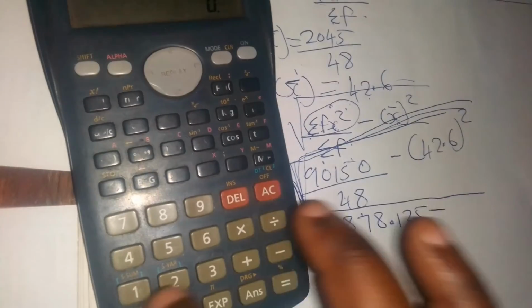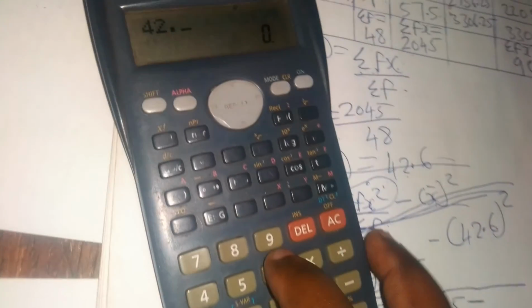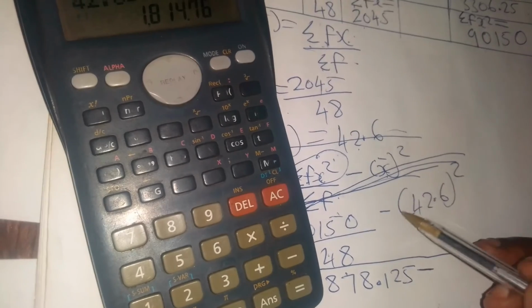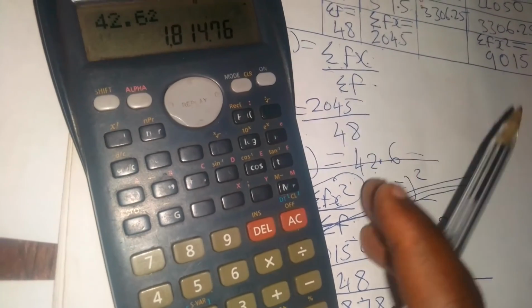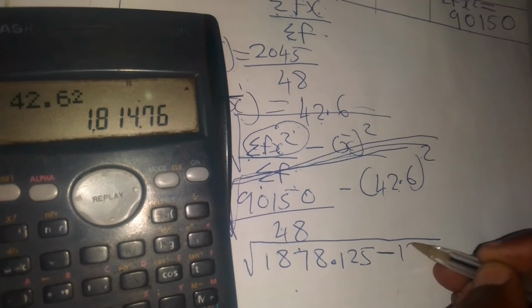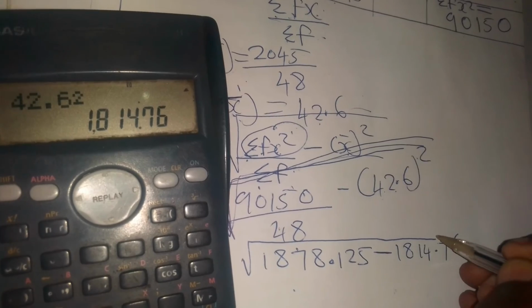So I go on the calculator, I say 42.6. Then I square it. You see, when you square 42.6, you get 1814.76.